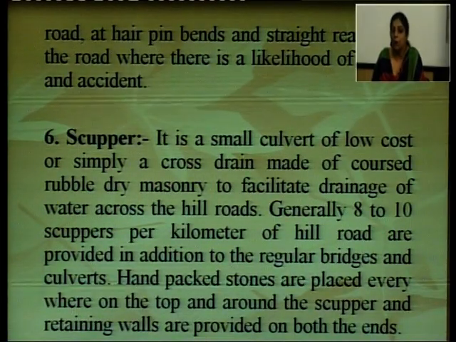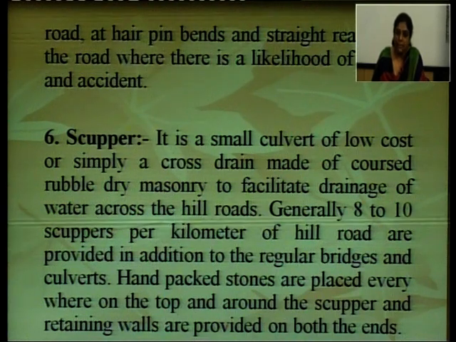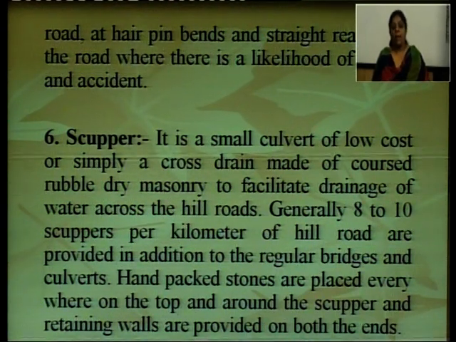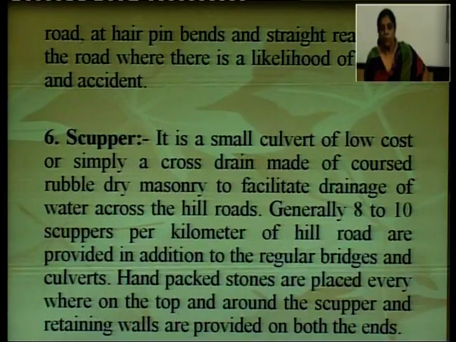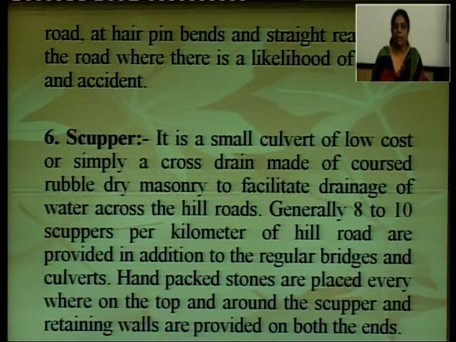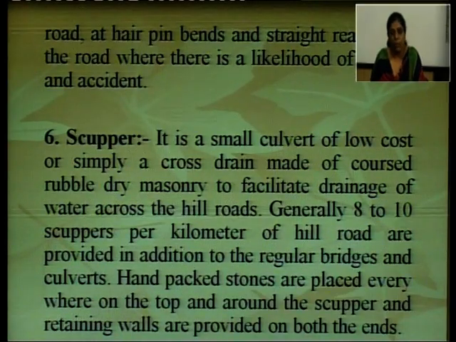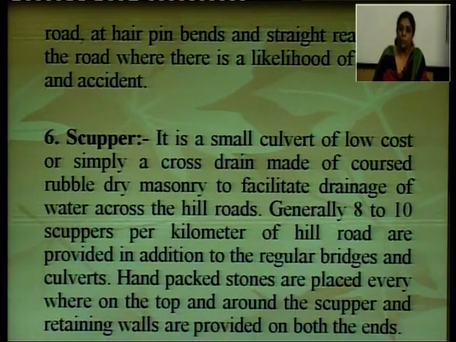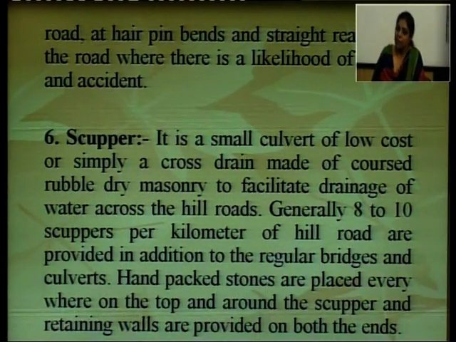Now, we talk about scupper. So, what is a scupper? Scupper, it is a small culvert. You know that it is very important that we drain off the water from the hill roads, because the water flows down the slope at a very fast speed.